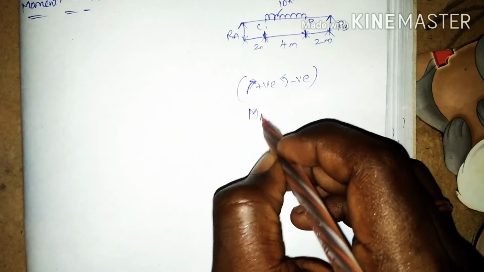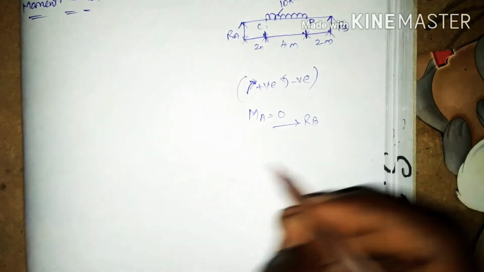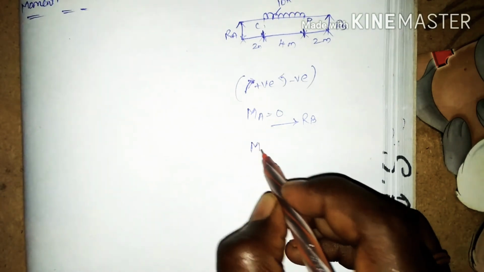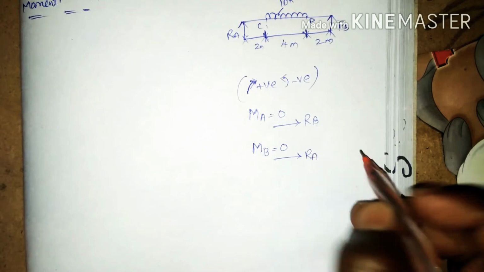If I take the moment about A equal to 0, then I am going to find the RB reaction. If I take the moments about B equal to 0, I am going to find the reaction RA.